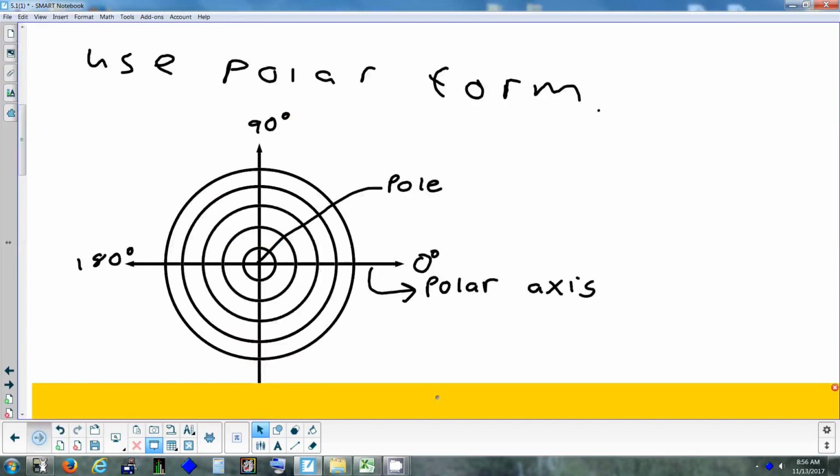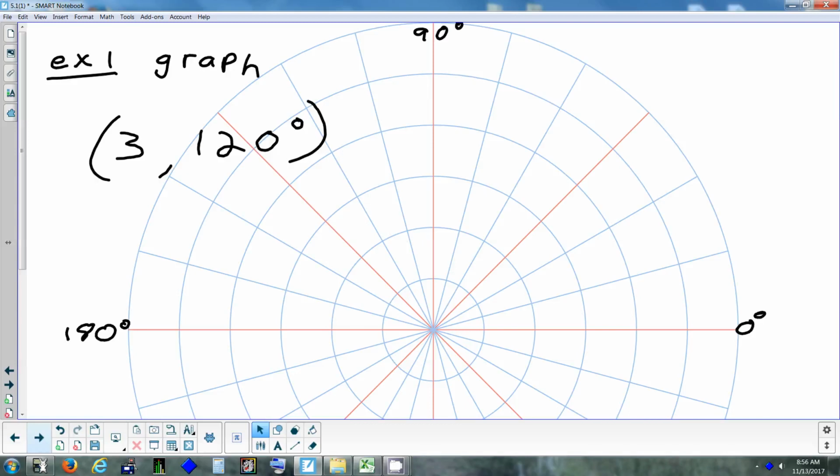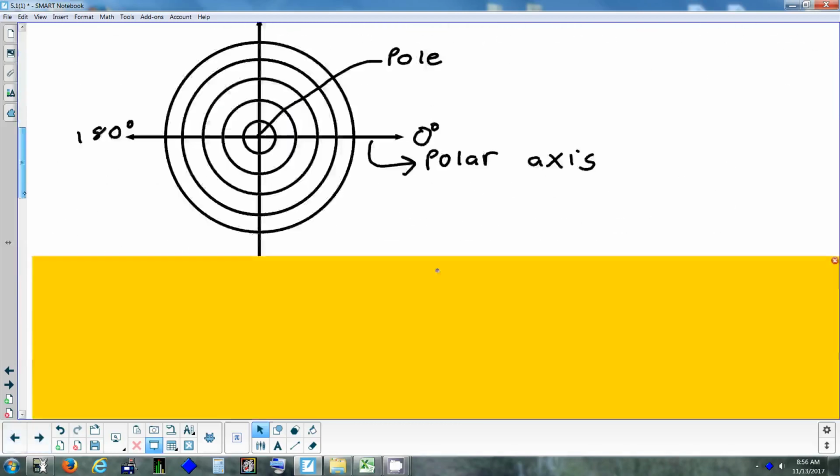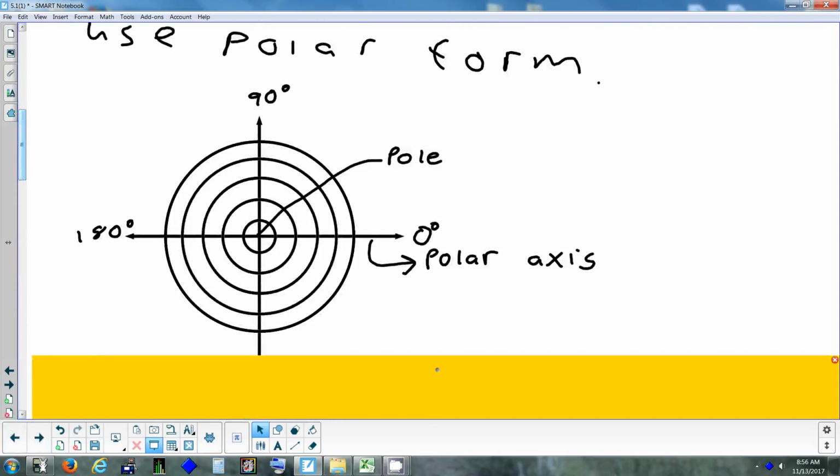Just to show you a real piece of graph paper, that's what it would look like. In place of the x-axis, they call that the polar axis in your book. Also the center point. In polar, you could call it the origin, but a lot of times they call it the pole.